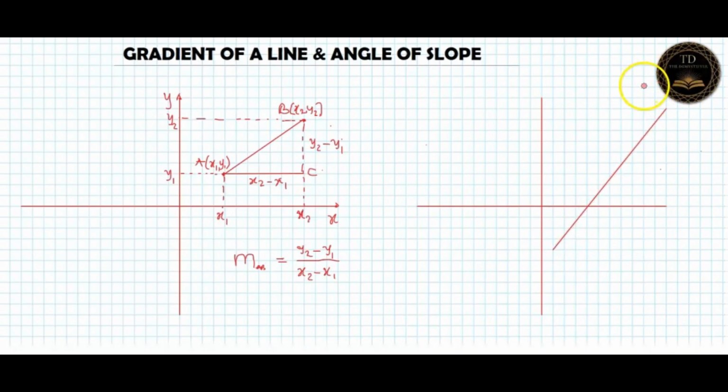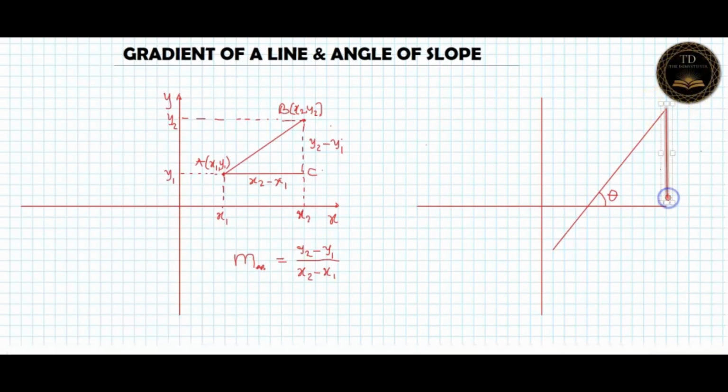Okay, now the angle of slope would be the angle that this line makes with the x-axis, so we can call it theta. Okay, and that's the angle that it makes with the x-axis. Now, how do we connect them?